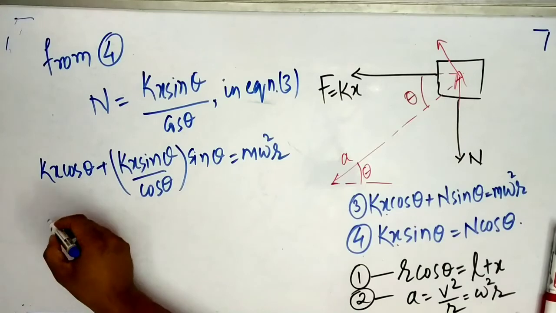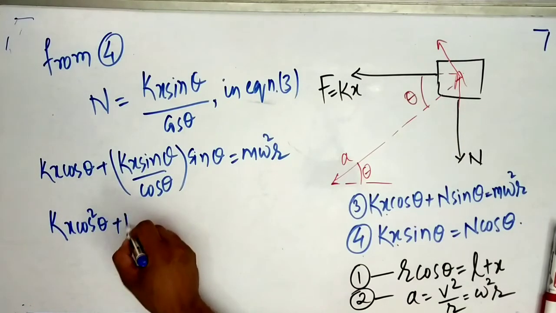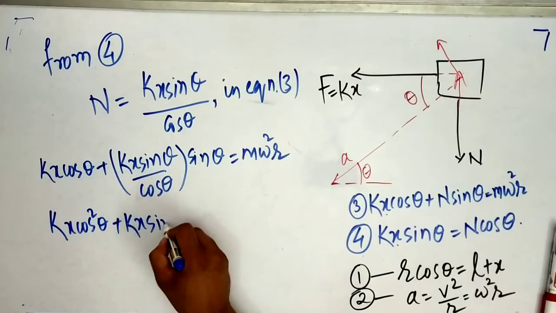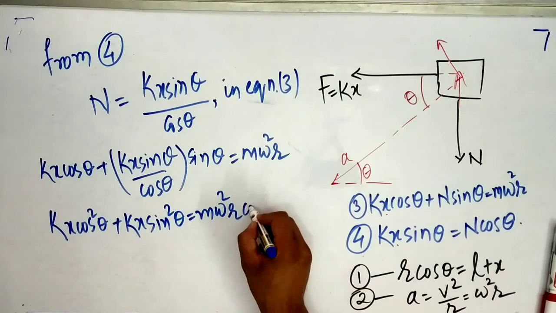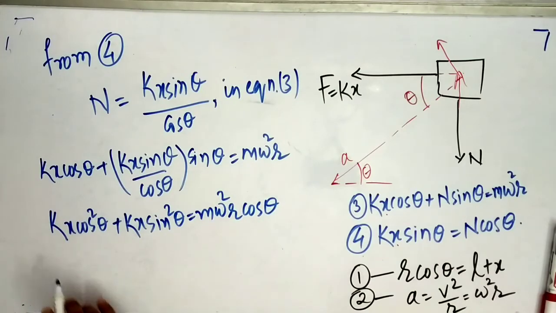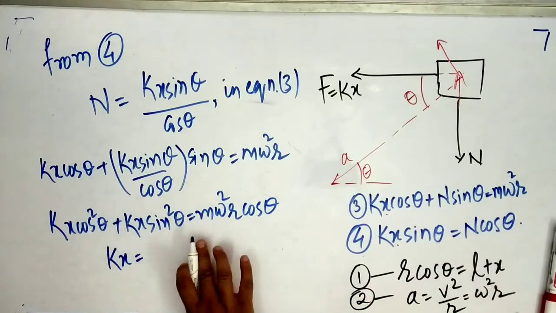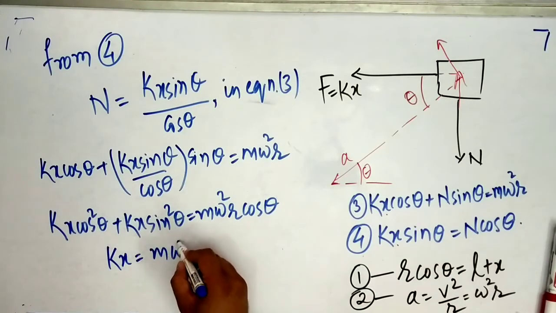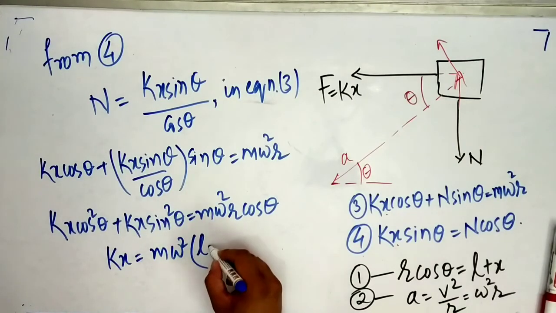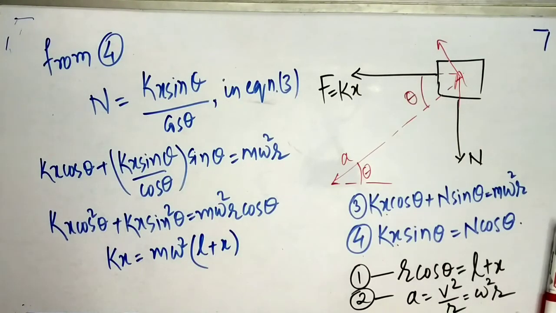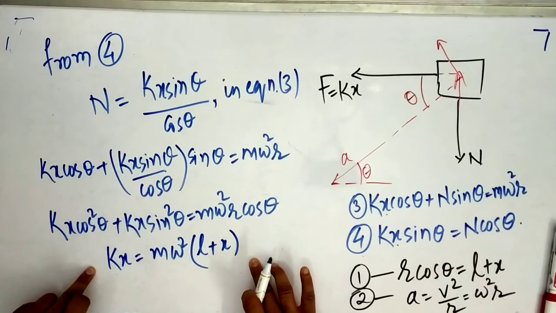This gives us Kx cos square theta plus Kx sin square theta equals m omega square r cos theta. This can be reduced to Kx. This can be reduced to r cos theta. We know the value of it, L plus x. Now we have to solve for x.